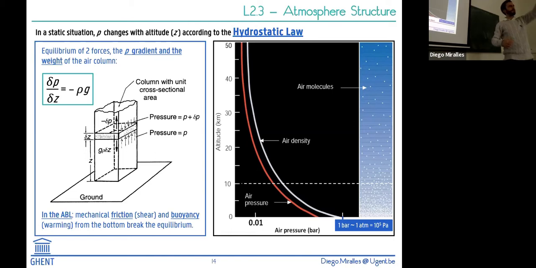You don't have strong vertical motion with air sinking super rapidly and moving up. If that is the case, it's because the air is in some form of equilibrium between the weight, which is pulling it to the center of the earth, and what is pulling it up. And what is pulling it up?